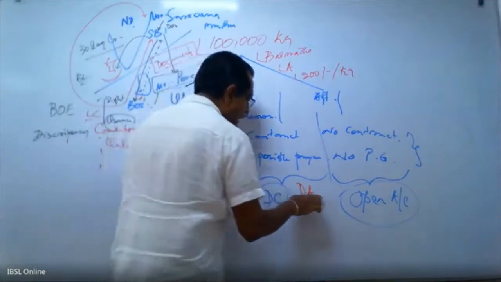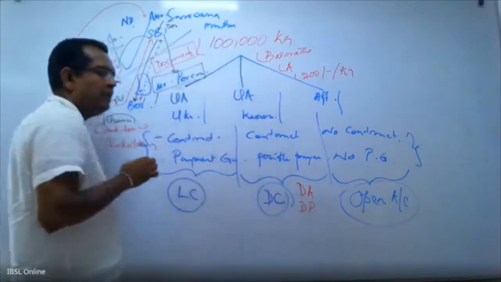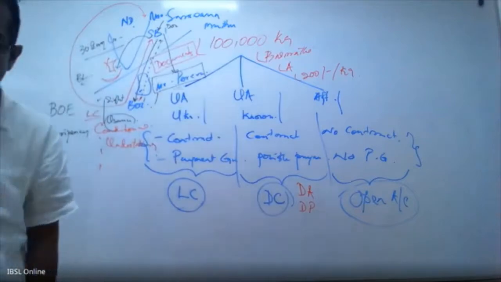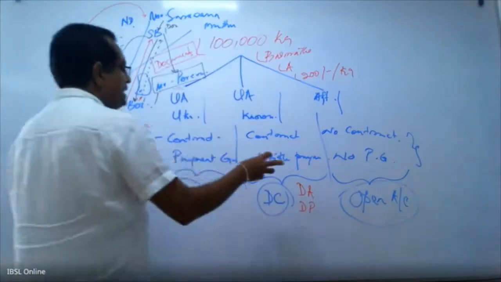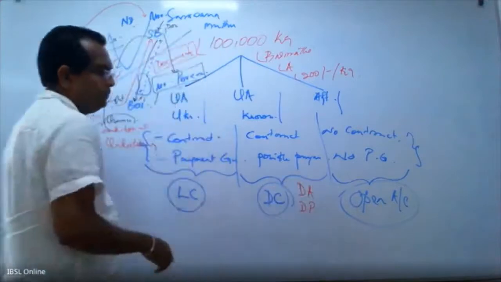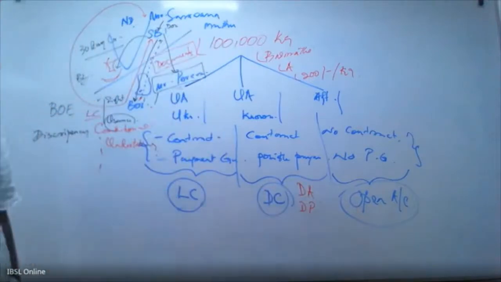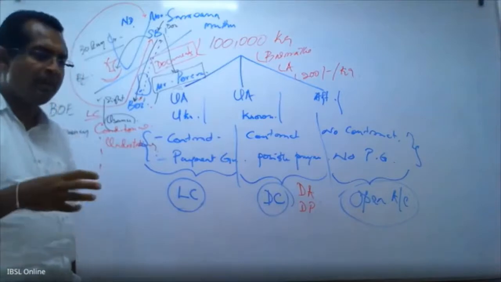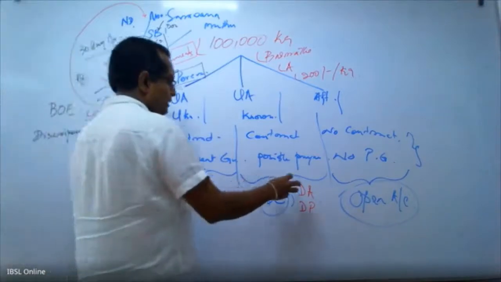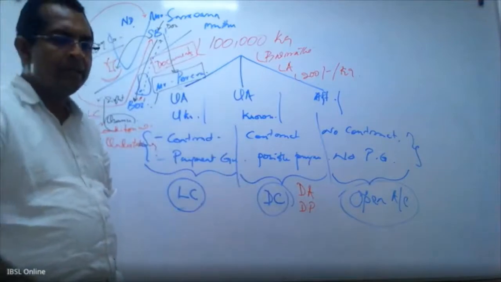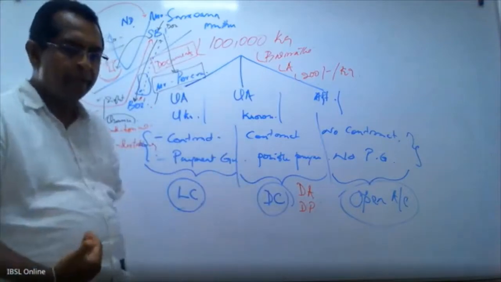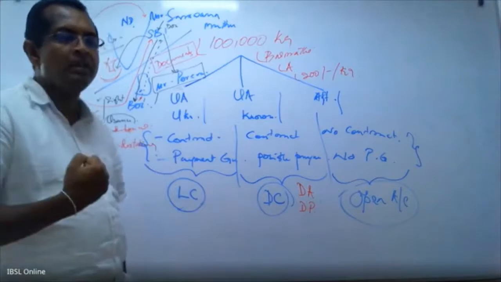Though we say DA, we don't have any liability. Yes, we don't have any monetary liability when we are dealing with DA documents. But we have a reputational risk. If all documents which come to our bank are not getting paid, we have a reputation risk.